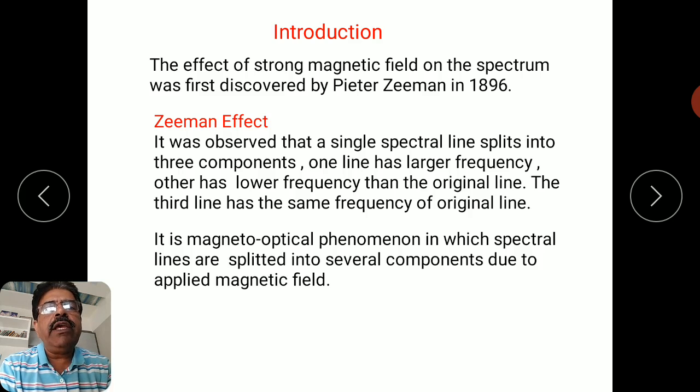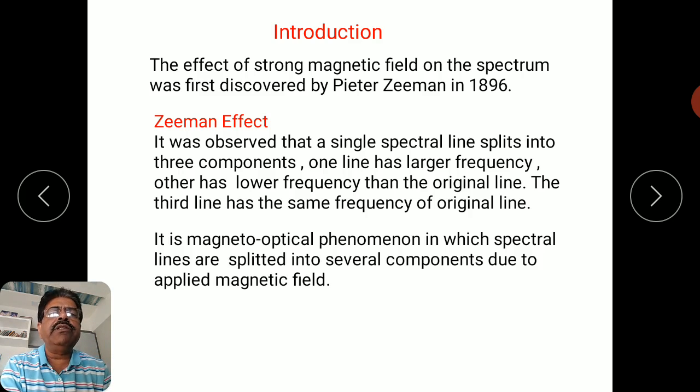This is a very important contribution in physics, and the theoretical explanation on the basis of classical laws of physics was first given by Lorentz. In the next video we are going to study the explanation given by Lorentz on the basis of classical laws of physics.